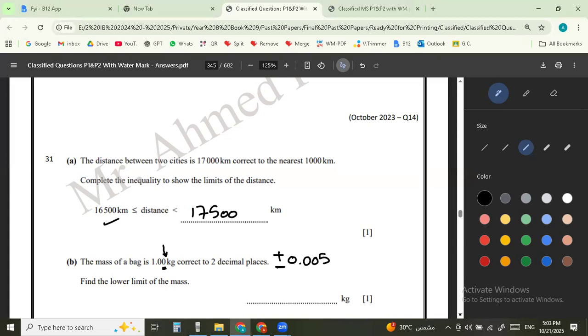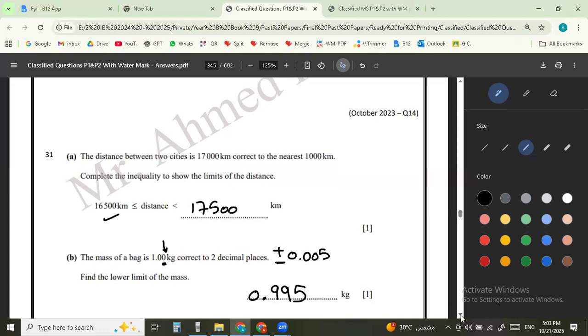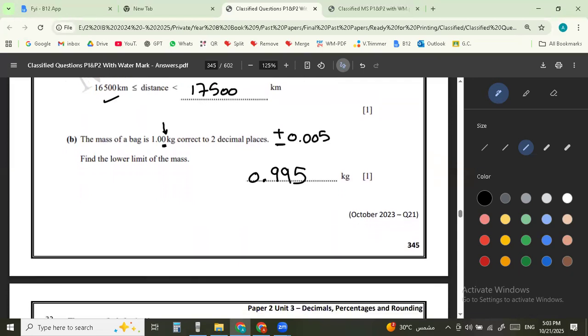They wanted the lower limit, so minus 0.005. 1 minus this number is going to give you 0.995 kilogram. Let's continue.